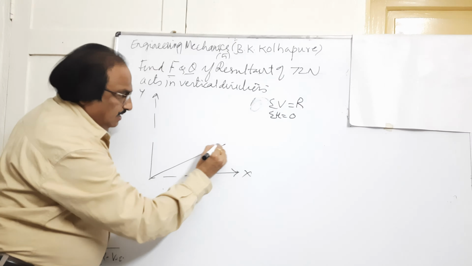Now you are required to find out this F and alpha. Two unknowns, you need two equations to solve them. One condition he has given is resultant is vertical, that means sigma H is 0. So two unknowns, two equations, you can find out the value of F and alpha.